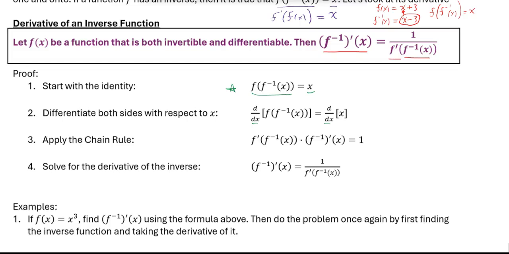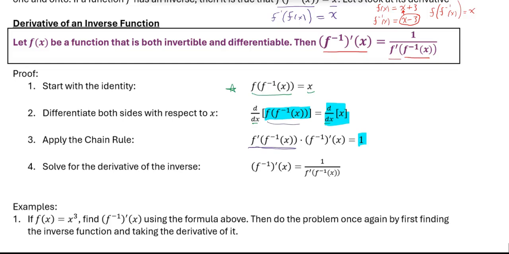Now let's do the easier side first. Let's just take the derivative of the right side. We know from the power rule from section 3.3, the derivative of x is just going to be 1. So that's easy enough. The left-hand side, though, you might think, oh, wow, that looks a lot like the chain rule. Well, it is the chain rule. The chain rule says take the derivative of the outside function. The outside function is f, so f prime. Leave the inside alone.